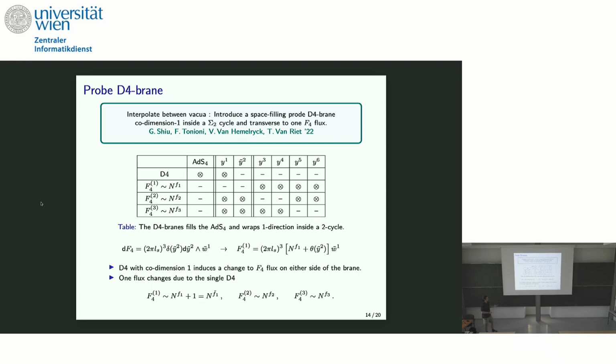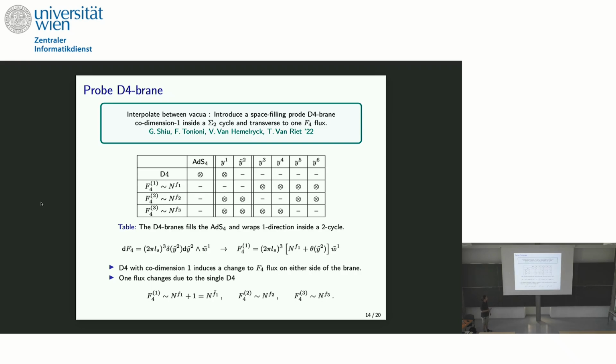If we wanted to use 3, that would be way more complicated, but I will explain this later. This table is not completely correct, but we can use it to understand the position of the probe D4 brane and the relevant flux that it will change due to the creation and annihilation of the D4 brane.